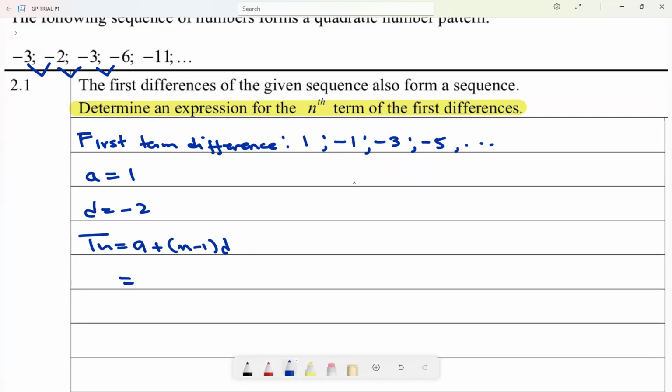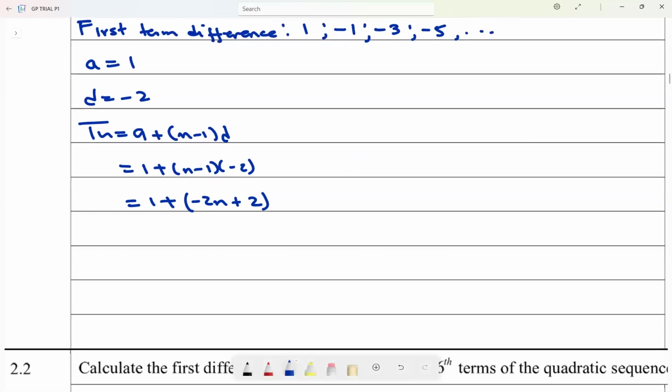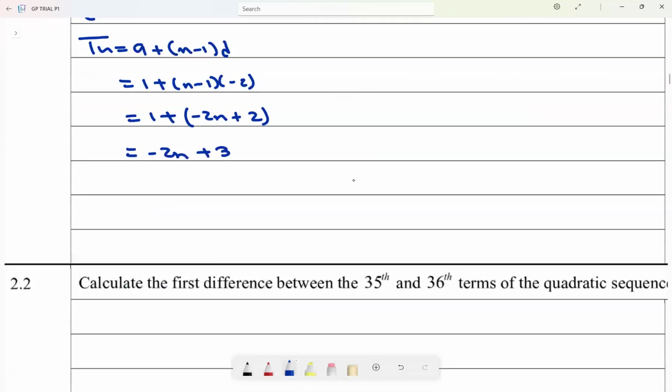So it is 1 plus (n minus 1) times -2. This will be -2n minus -1 multiplied by -2, which is +2. And then this will just be -2n plus 3. So that's that.